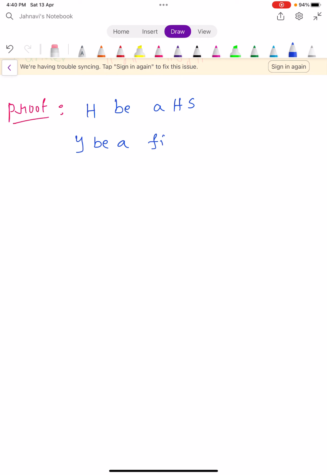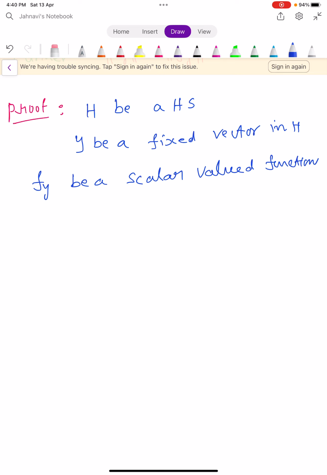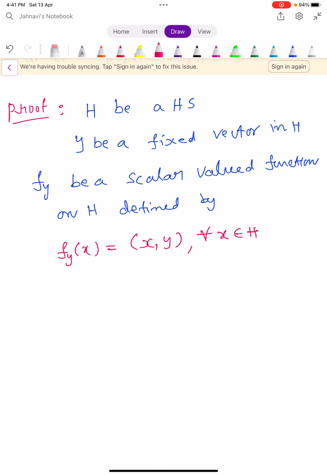Let y be a fixed vector in capital H. Now we define fy, a scalar valued function on capital H defined by the formula fy of x is equal to the inner product of x comma y for all x belonging to capital H. Now we have to prove that this fy is a functional on H star.